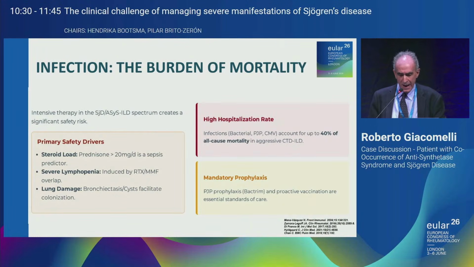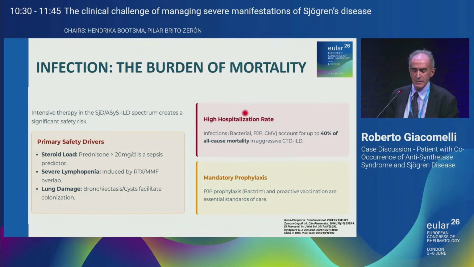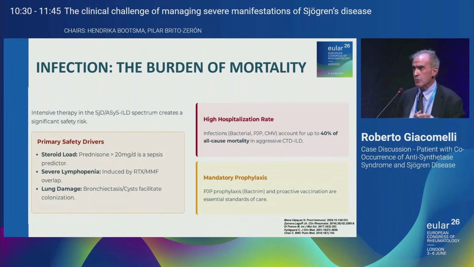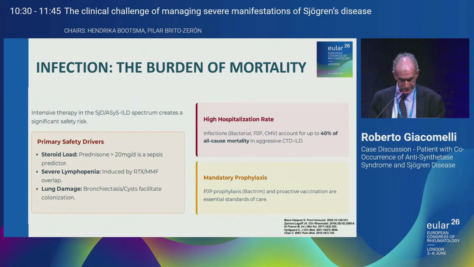Also, the high hospitalization rate, exposing them to different kinds of nosocomial infection, is a very important point to consider. And in any case, in all these patients, the right prophylaxis for the classical opportunistic infections is mandatory, and also extending the vaccination in these patients.